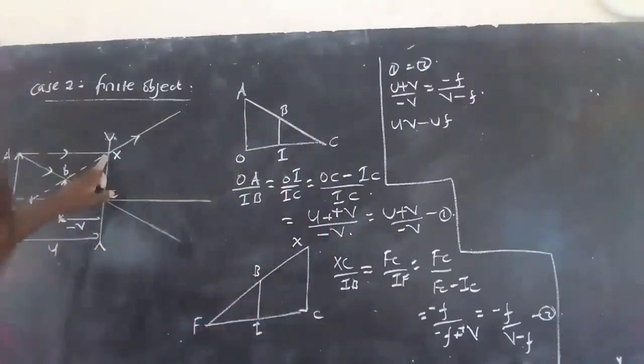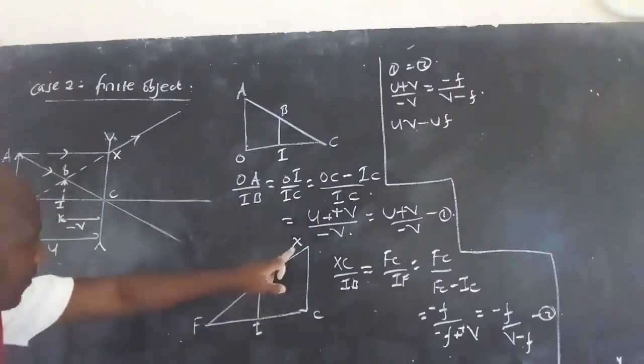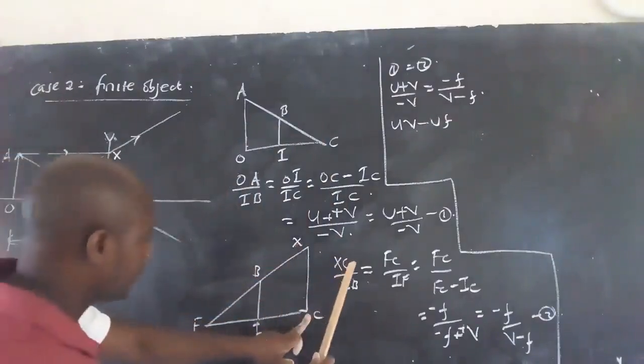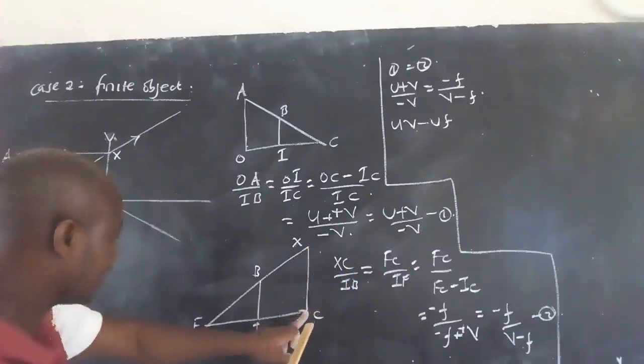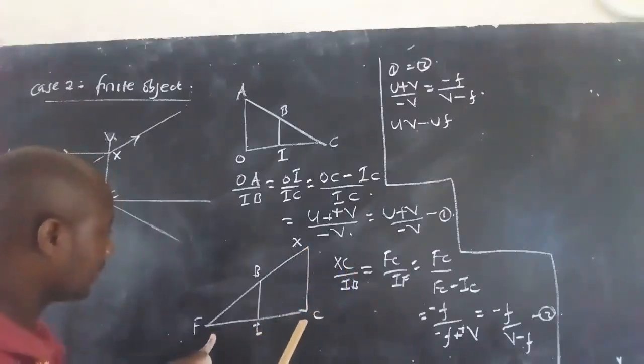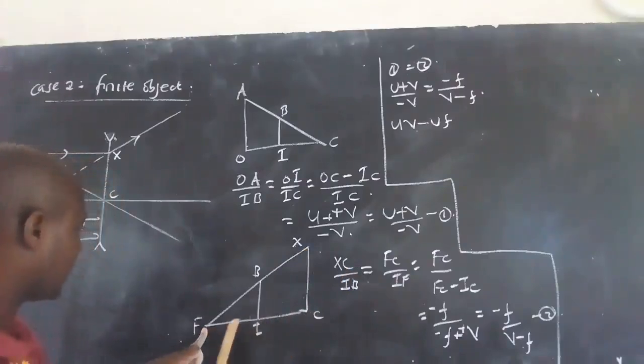To get this one, we shall say here we have XC divided by IB, which is the same as FC divided by IF.